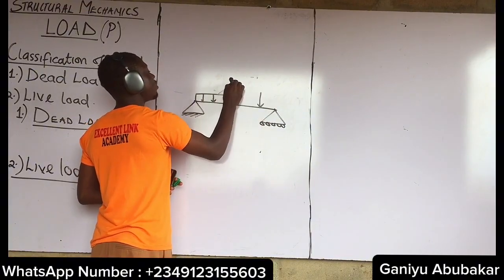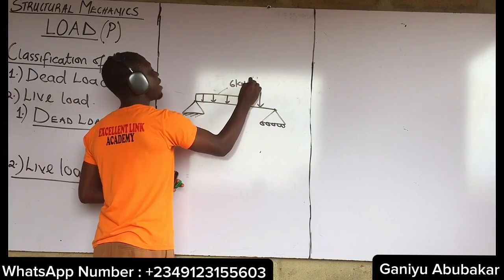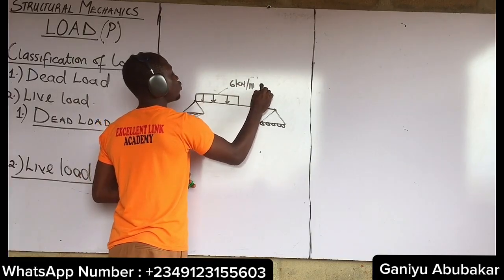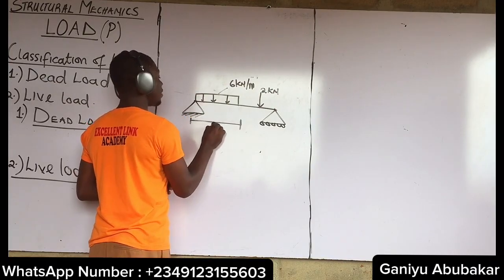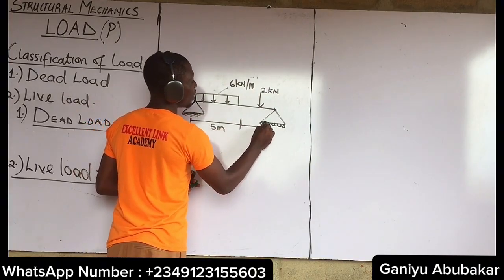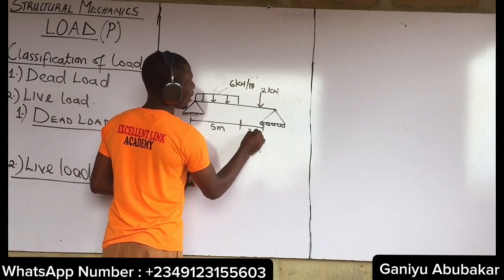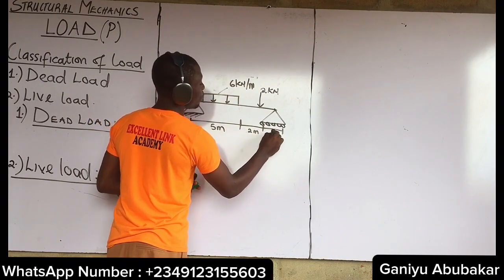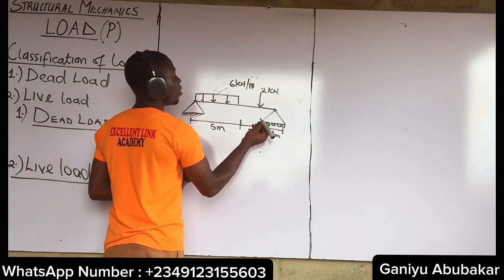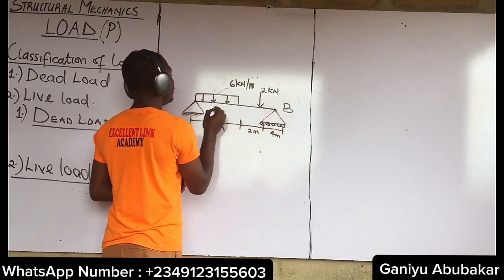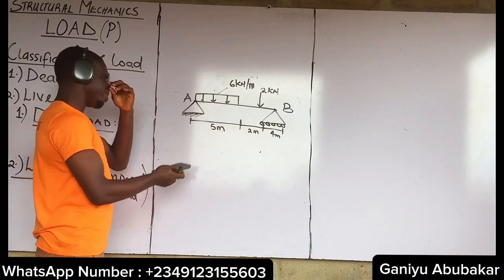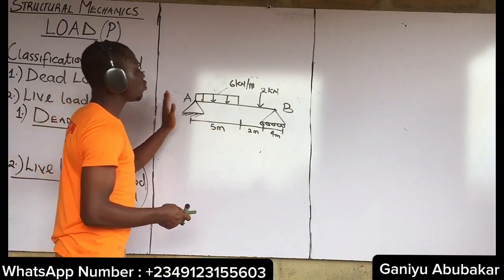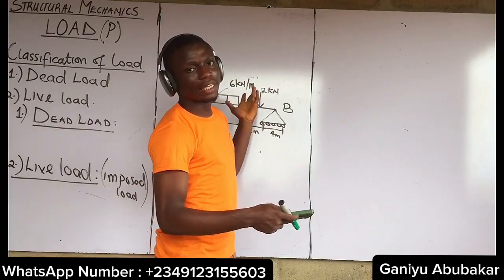Let me call this one 6 kilonewton per meter, and this one here 2 kilonewton. From here to here is 5 meters, and from here to here let's say it's 2 meters, down here is 4 meters. Find the reactions of the support system. We'll look at this much more later in our next class.